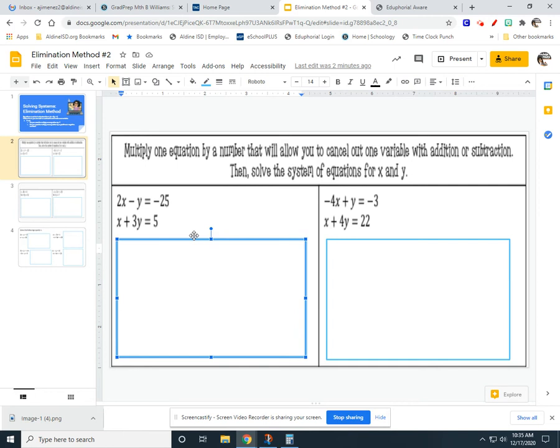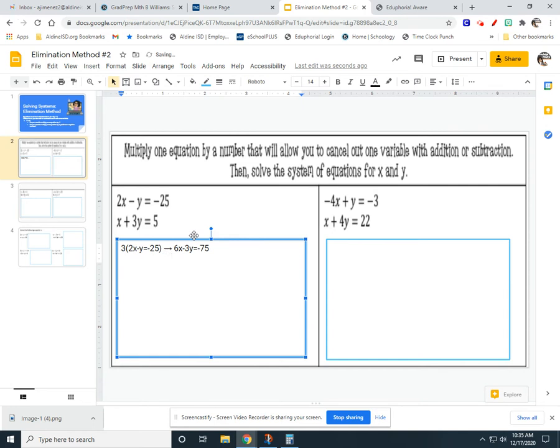Okay, so I'm going to multiply everybody in that equation by 3 because that's how I can get a negative 3y at the top. Okay, so I'm going to do my arrow to show you, hey, this is going to be 6x minus 3y equals negative 75. And press enter, and I'm going to tab over so that we can be underneath here.